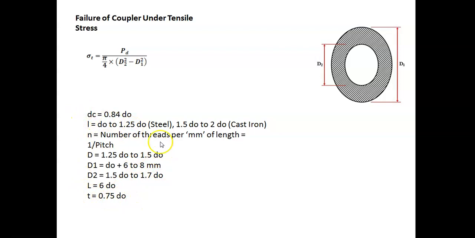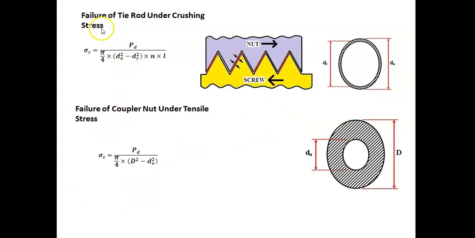So once you have calculated all these values from DC, see step number 3. In this, small n and small l are known from the empirical relations, and sigma c is known. If the induced stress value is greater than the design stress value, then we have to increase the basic parameter. That basic parameter is small dc. We have to increase it, or take the next value of our dc.